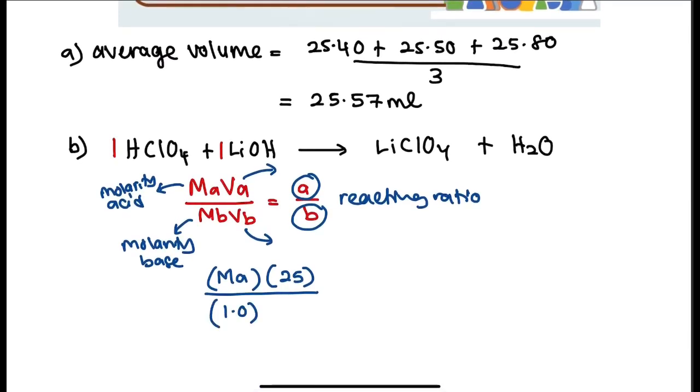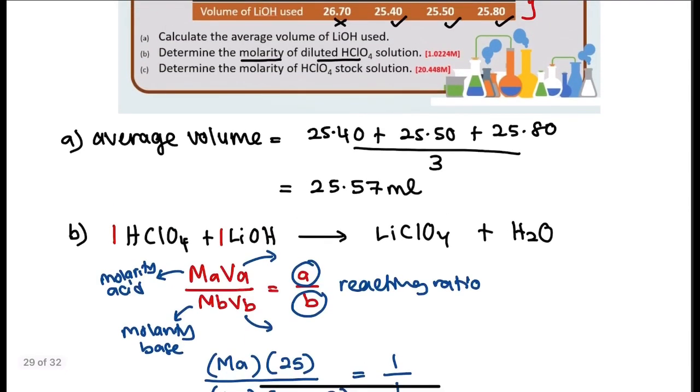And the volume of base would be the average volume, which is 25.57, equivalent to 1/1. Solving this would give you an Ma value of 1.0228 molar. Let's move on to the next question.